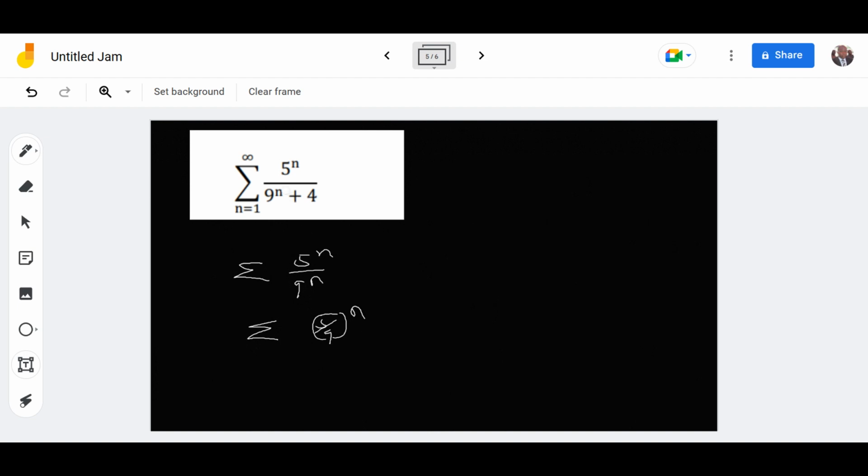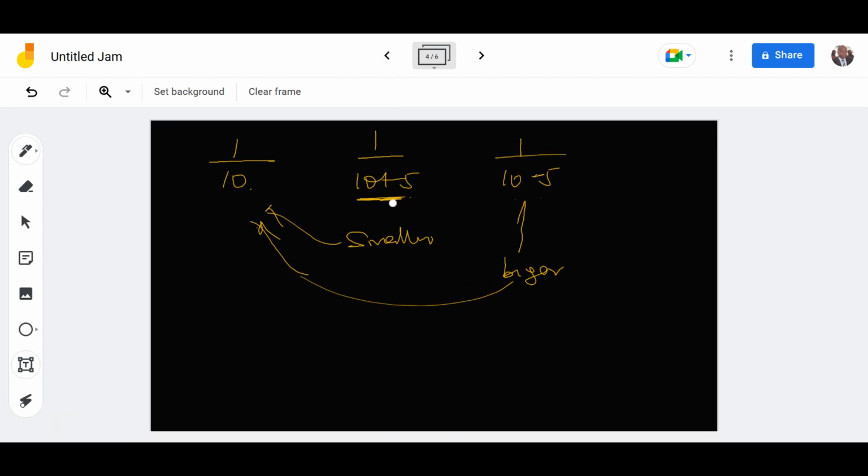Then we compare this one to the original. Which one is bigger? We are going to use the ideology that we stated here. When the denominator is bigger, then the fraction is smaller.